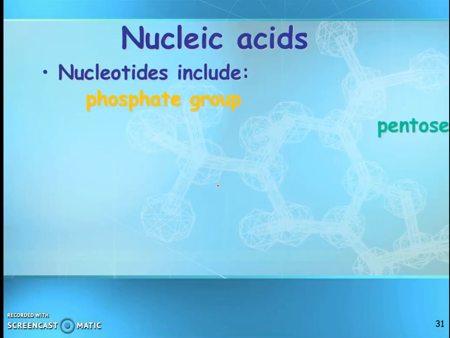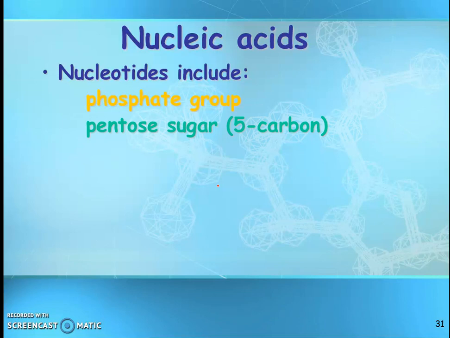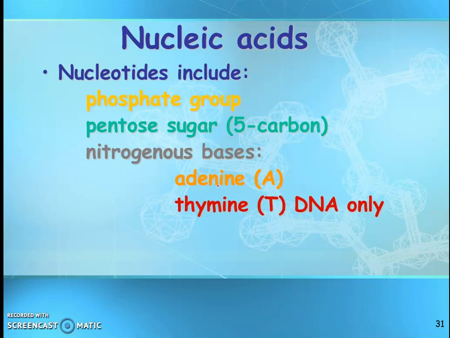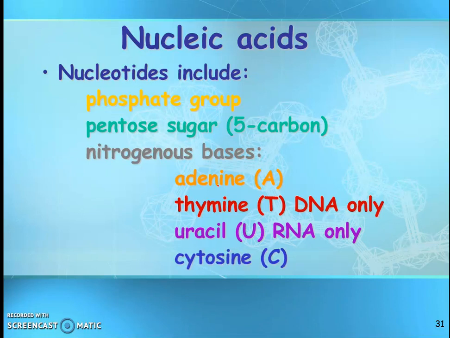A nucleotide includes, as we have discussed, a phosphate group, a pentose sugar, which is a 5-carbon sugar, and nitrogenous bases. There are 4 types: adenine, represented by A; thymine, with T, which is only found in DNA; uracil, which is only found in RNA; cytosine, C; and guanine, G. In DNA, there are 4 nitrogenous bases: adenine, thymine, cytosine, and guanine.